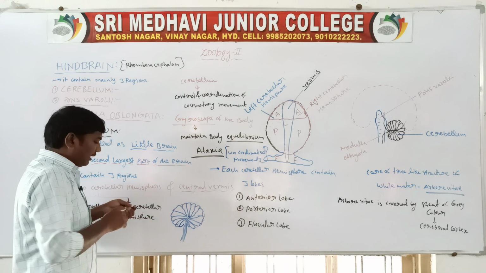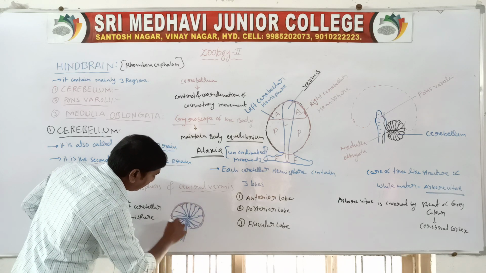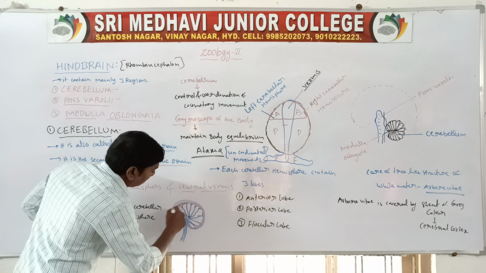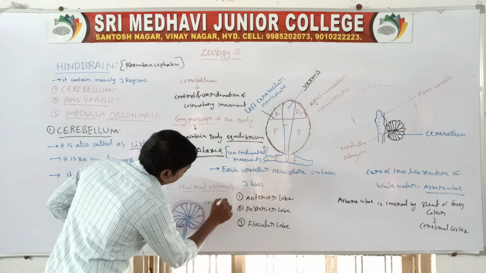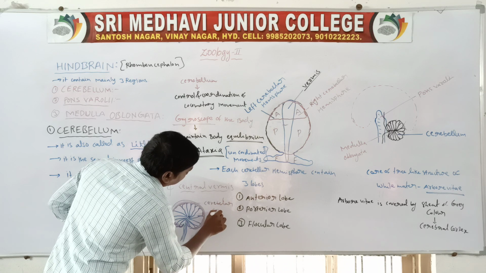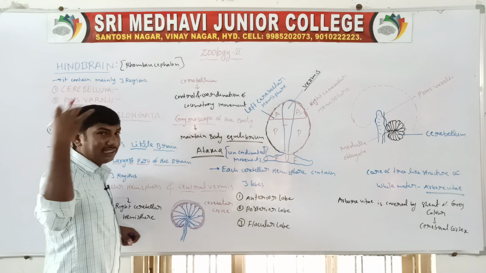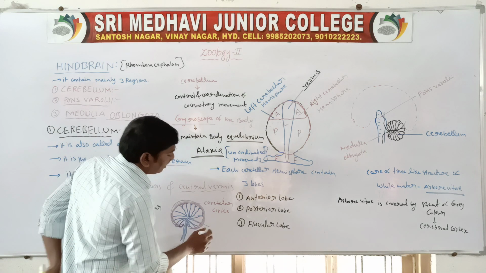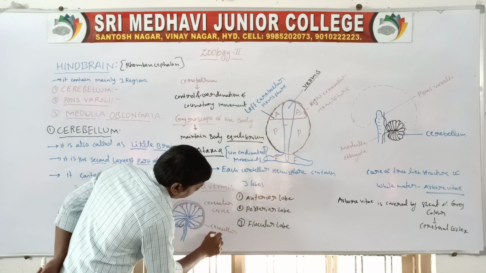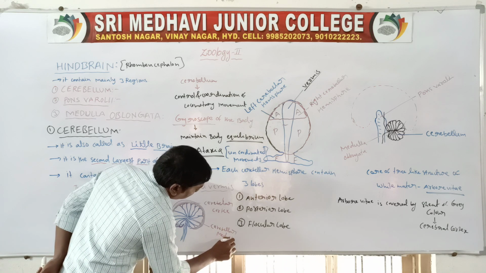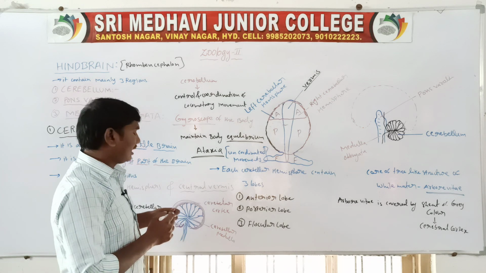The arbor vitae is covered by the grey color, which is the cerebellar cortex. In the diagram the white structure is shown in blue, but in the brain its color is white. This is called the cerebellar medulla. The cerebellar medulla is white in color, and the cortex is grey.